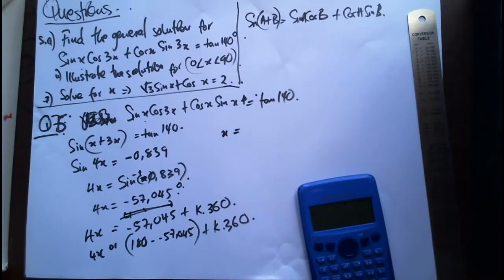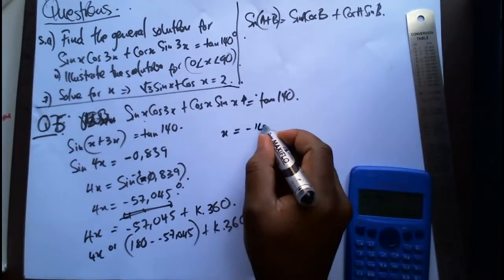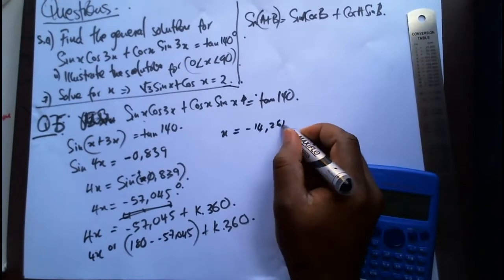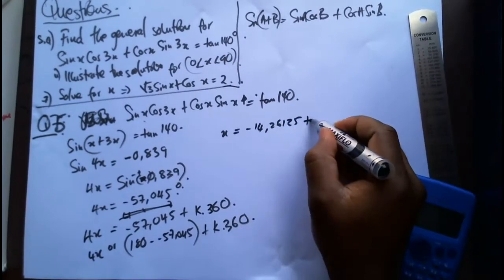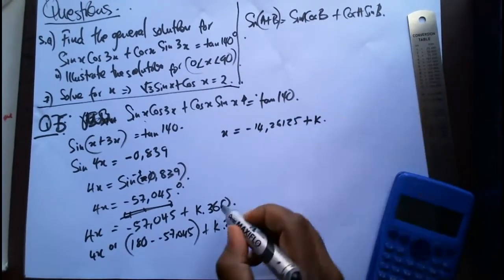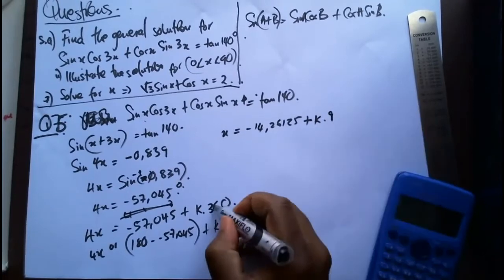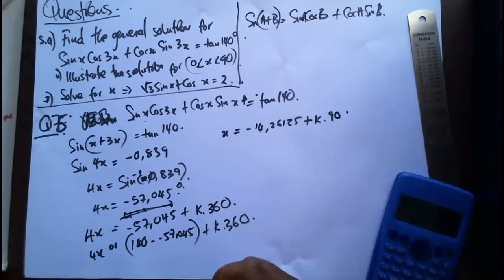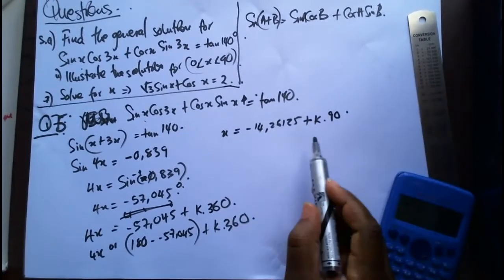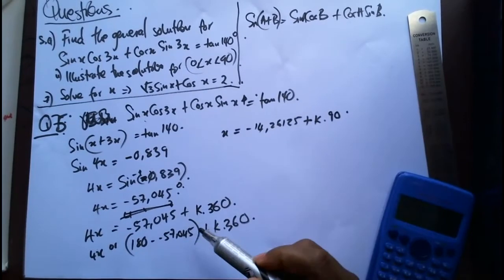It's negative 57.045 divided by 4, I get negative 14.26125 plus k times, 360 divided by 4 is 90. So I may find my general solution.